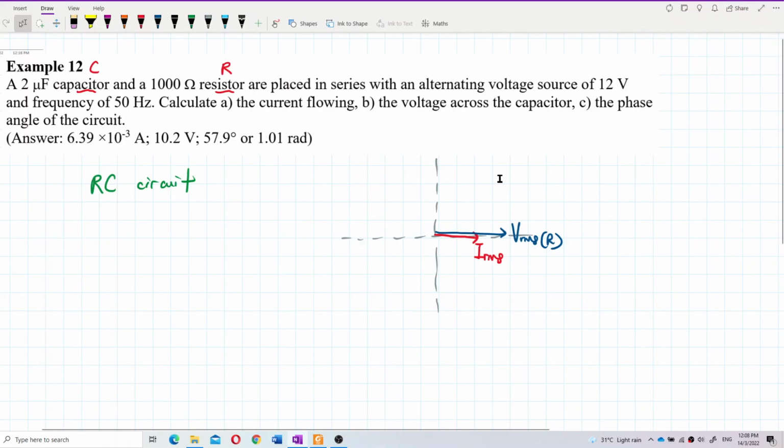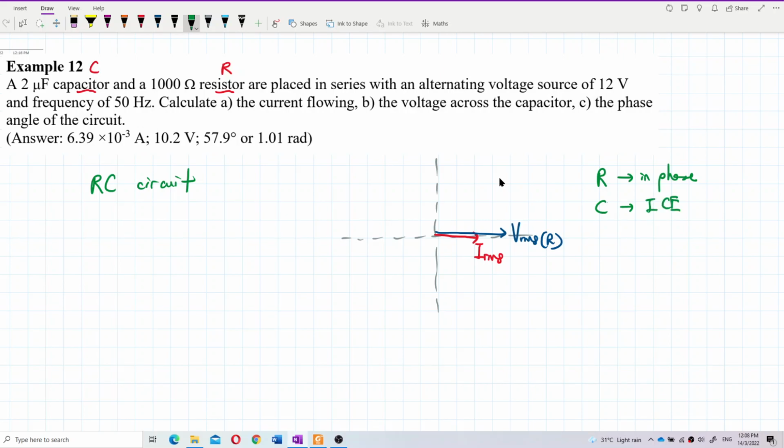Or we can actually just say it like this. If you remember the acronyms, let me write it down: ICE, and then LE. Capacitor is like, you see the C in the middle. Inductor is like the L in the middle.